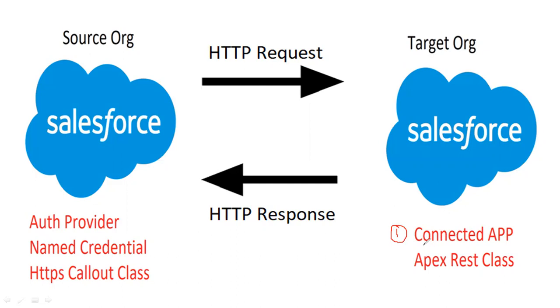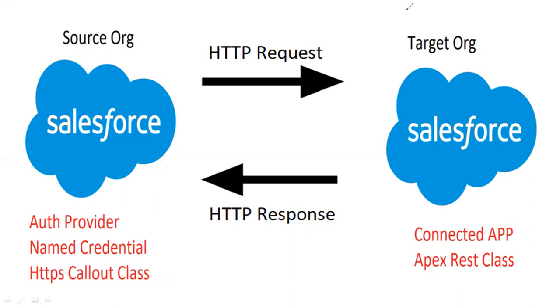The details which get generated in the connected app will be used in the OAuth provider. Then once we configure the OAuth provider, that information will be used in order to create the named credentials. Then we will create the Apex REST class, and that Apex REST class will be invoked through an HTTP callout class at the source. So these are the 5 things we need to create.